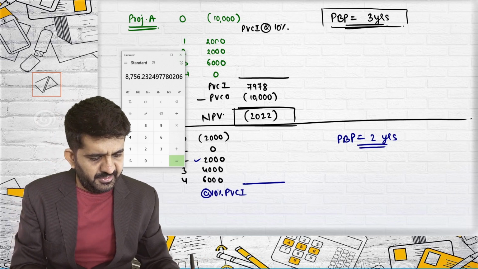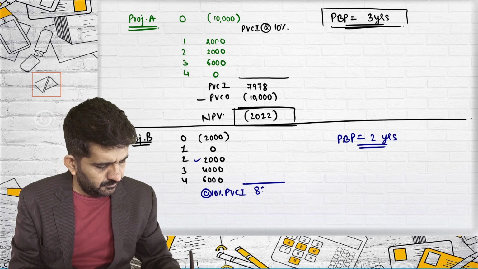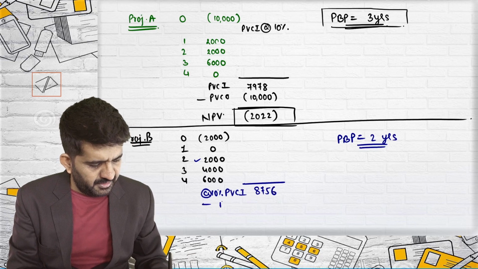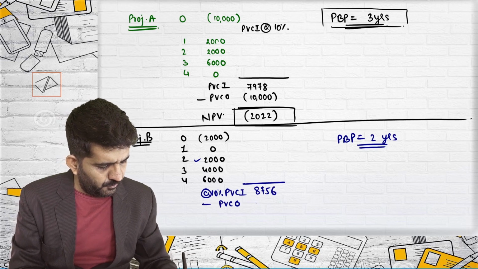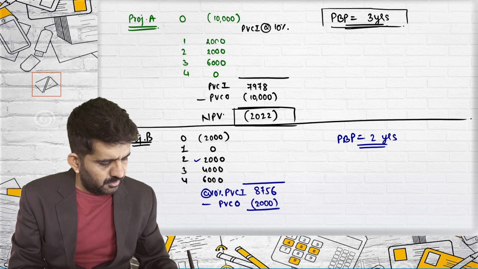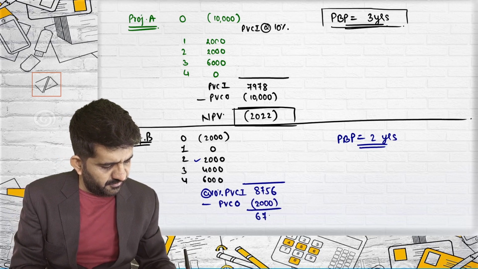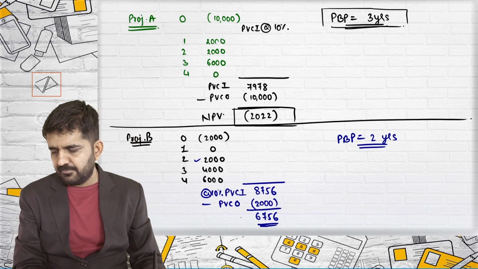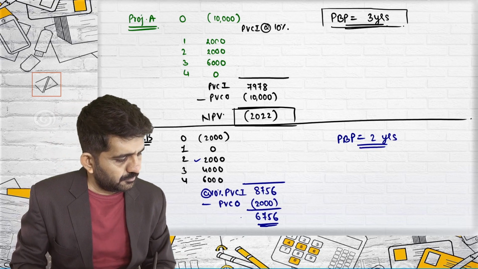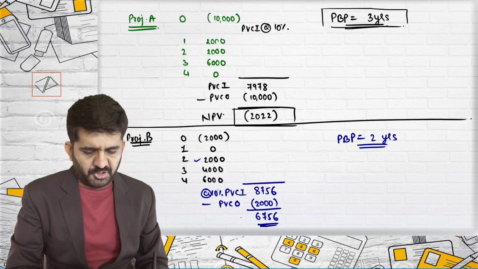MRC is 8756, minus present value of cash outflow, 2000. This is 6756. This is project B.